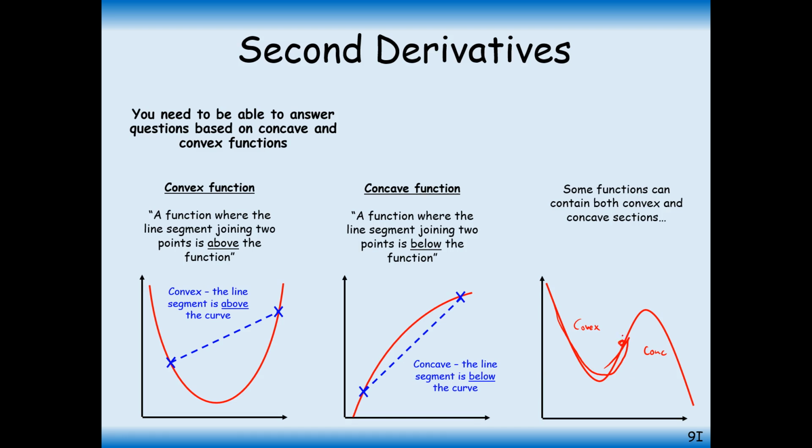There is a point somewhere along here, I don't know where it is, but there must be a point where this change occurs. The point where the graph turns from a convex into a concave function, I haven't spelled these words properly, my apologies, is called the point of inflection.